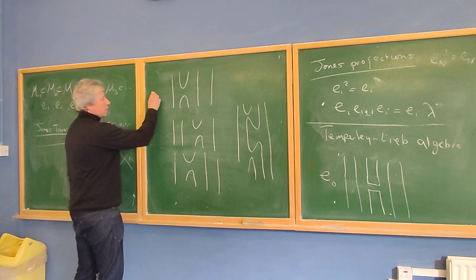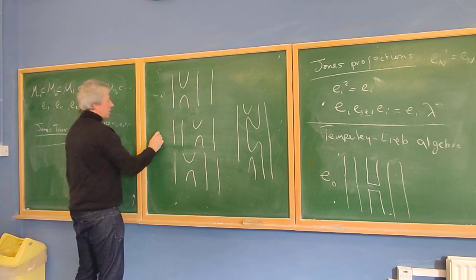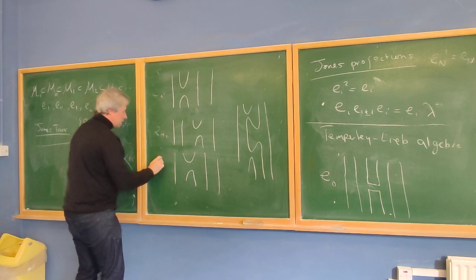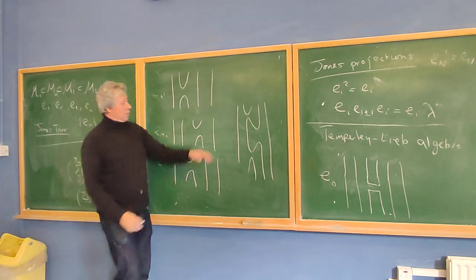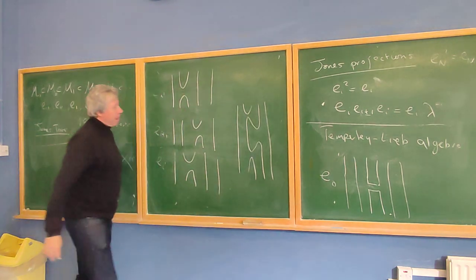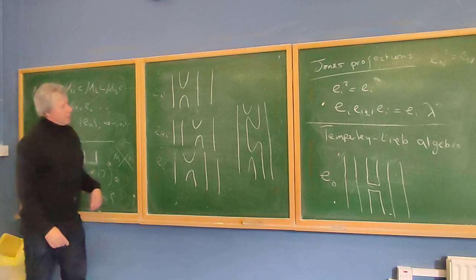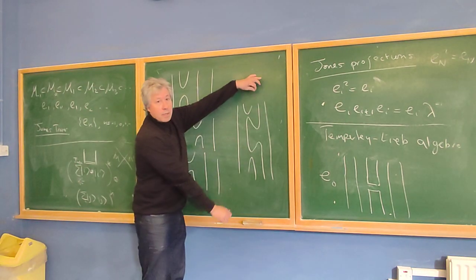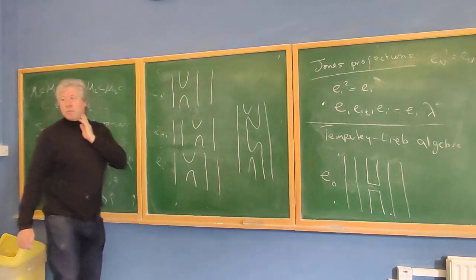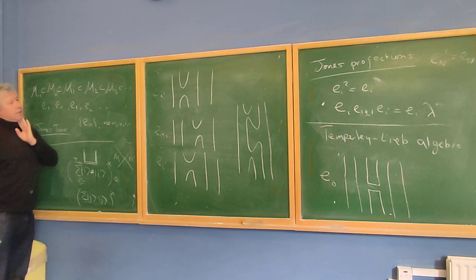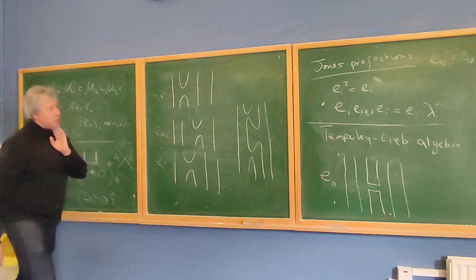So this was E_i, say this is E_{i+1}, and this is E_i. This is how I draw it in pictures. You basically see you can straighten this out and you get E_i back, without the normalization actually.